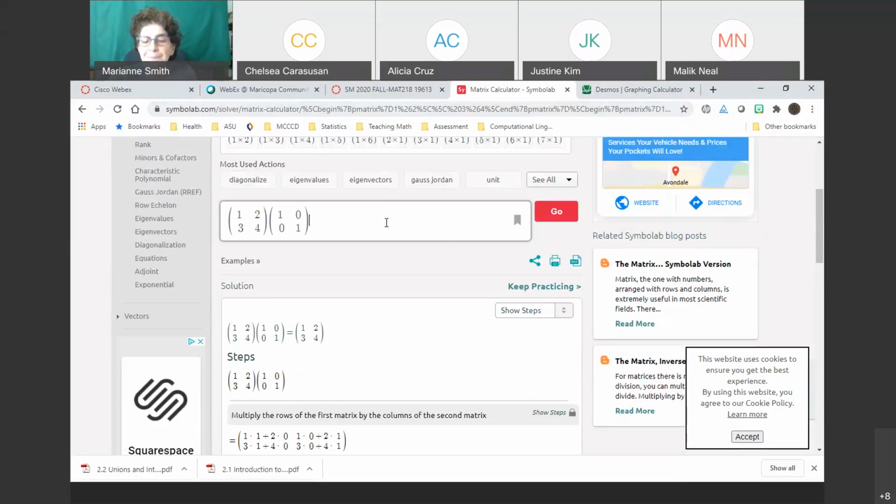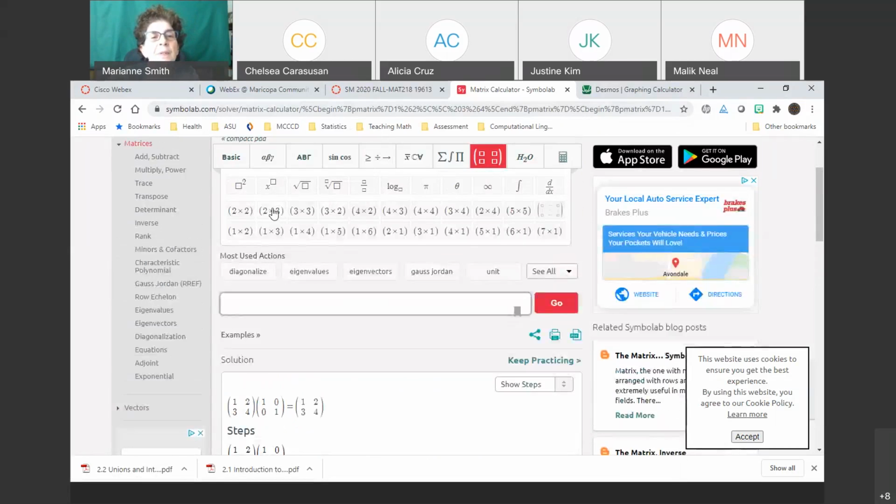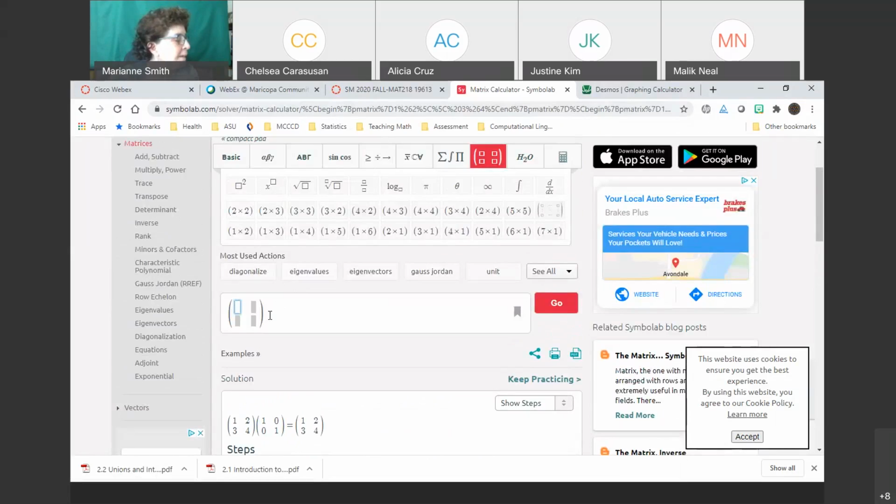So the matrix I want the inverse of is 2 by 2, and it is 3, 1, 2, 1. And I just put the word inverse in front.